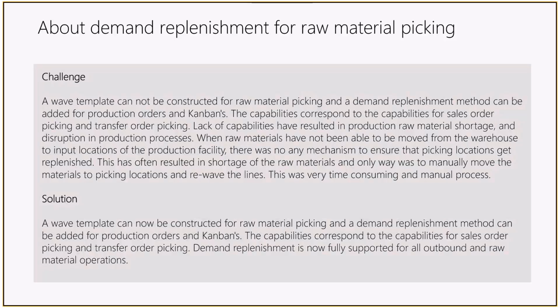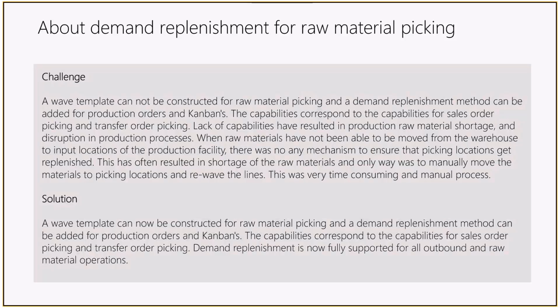This lack of functionality resulted in a quite manual solution for the materials that cannot be picked from the location that you have set up through the location directives, which means a workflow for picking. So they will simply fail.